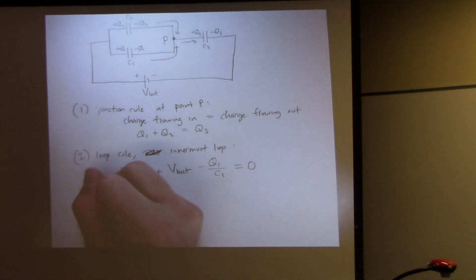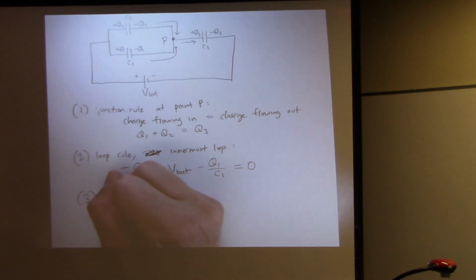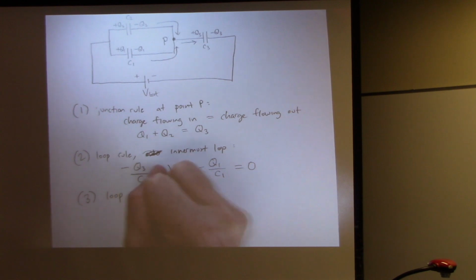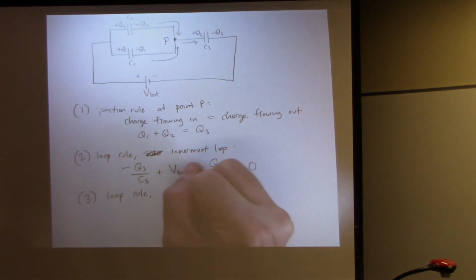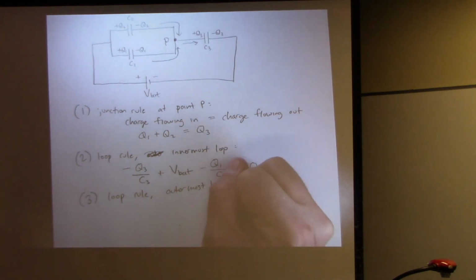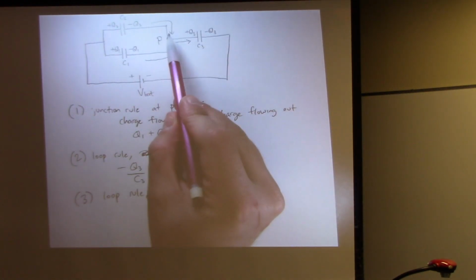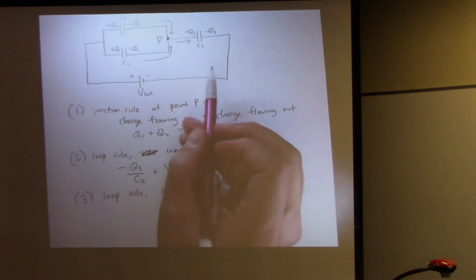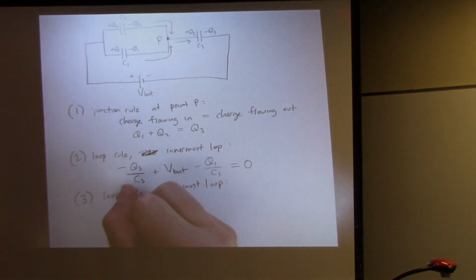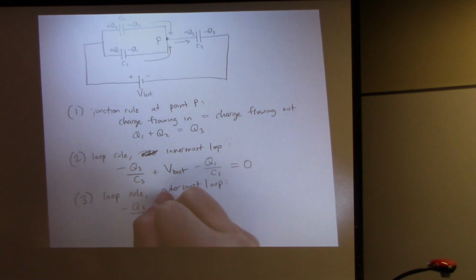All right, now the last one. We're doing the loop rule for the outermost loop. Okay, so the first part of this loop looks exactly the same. We're going to start at point P, go across capacitor number 3, which gives us minus Q3 over C3.